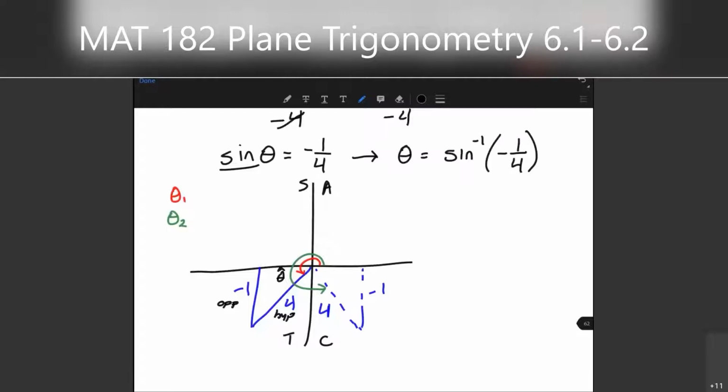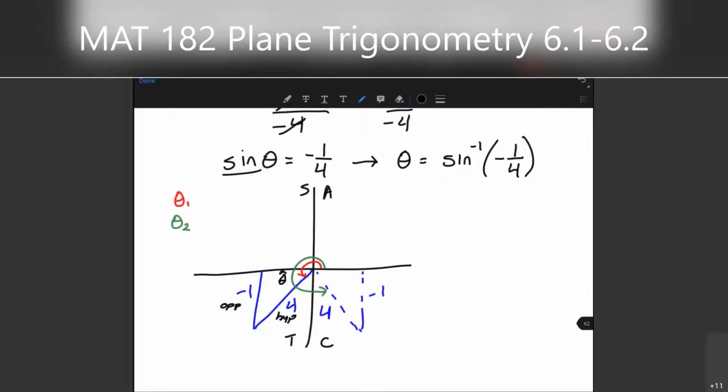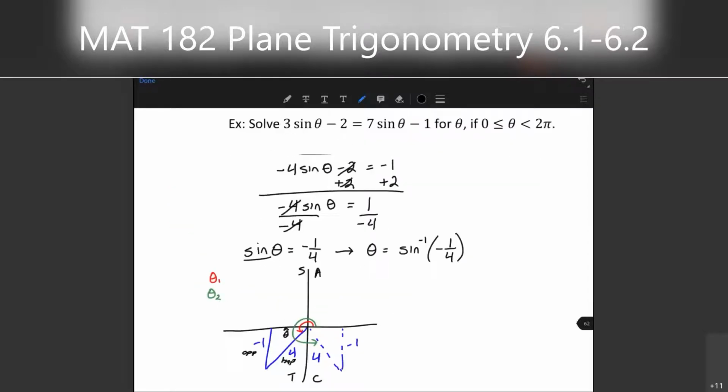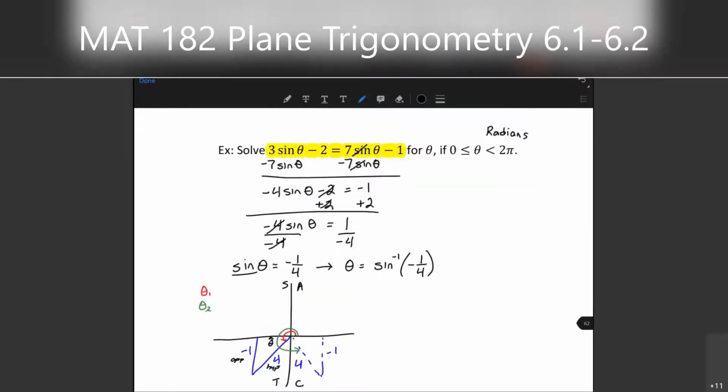Okay, and again, make sure that our calculators are in radians. That's really important, so do a double check here before we start. Then we're going to evaluate that sine inverse of -1/4.